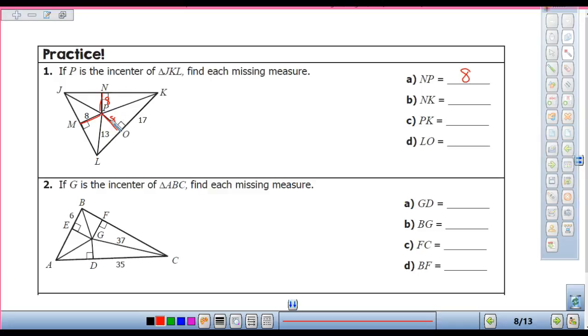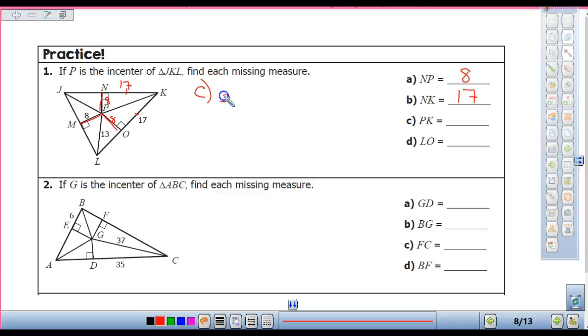NK, because this is 17, this is going to be 17. So then PK, what do I have to do? Solve it. Pretty much every problem in your assignment, I would say most of them do.